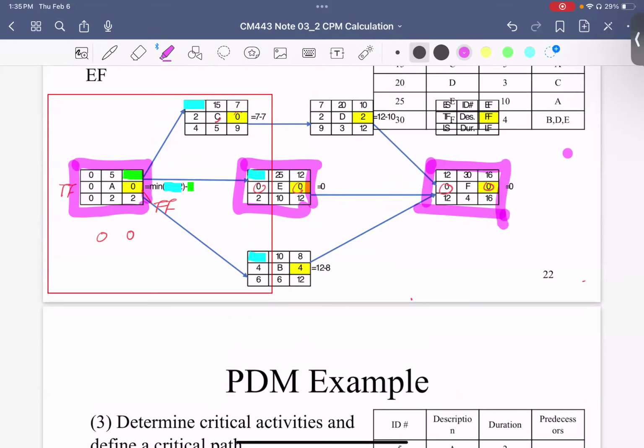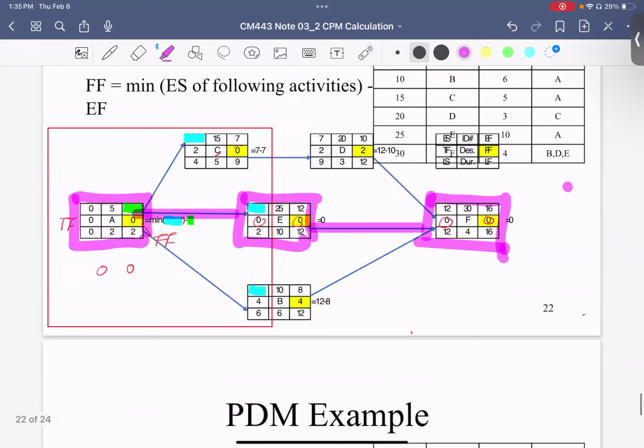And the critical activities, you put them together. So you link them, highlight them. Those are the critical paths. But for the other ones, this one is 2, not equal to 0. This one is 2, not equal to 0. And this is 4, and 4 is not.